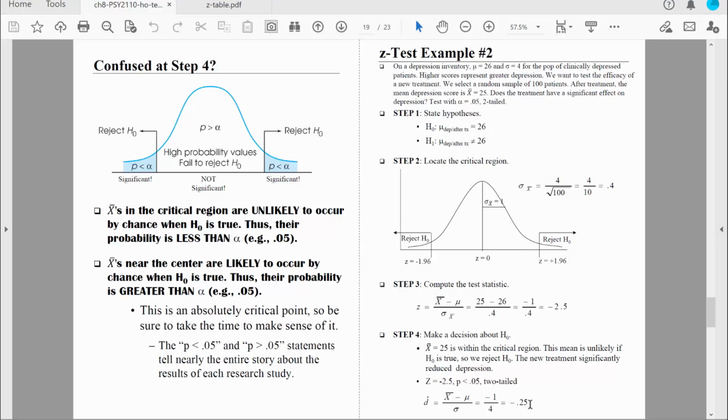We know that an average IQ is 100 and the standard deviation equals 16. So the effect that we found here, where depression scores were lowered by 1/4 of a standard deviation, it's kind of like finding a difference between an IQ score of 100 and an IQ score of 104, because 4 points would be 1/4 of a standard deviation.